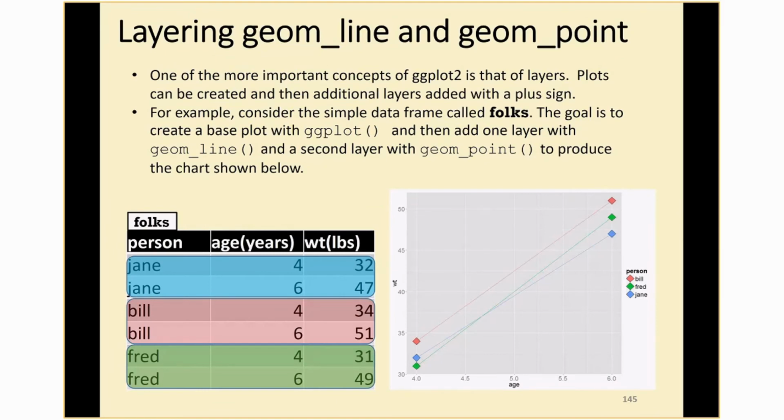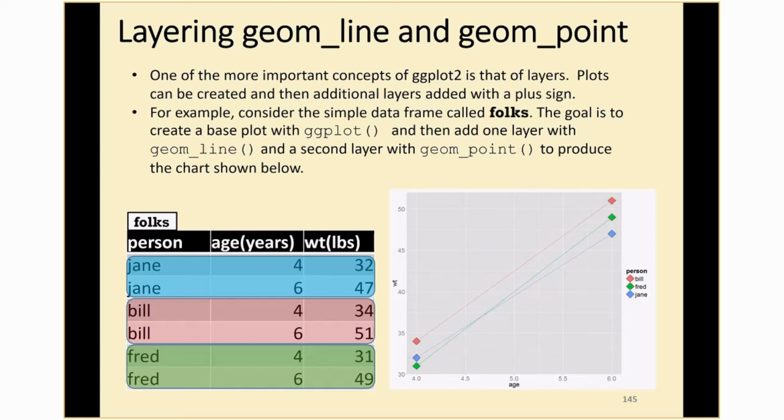Switching topics slightly, what I want to do is produce a plot that looks like this, where essentially I've got a scatter plot, but now the points have been connected with lines. And so in order to produce this plot, I'm going to take advantage of the fact that ggplot2 is a layered language.